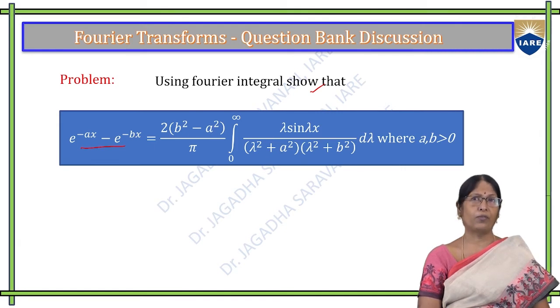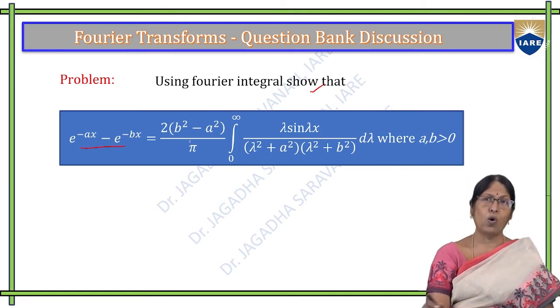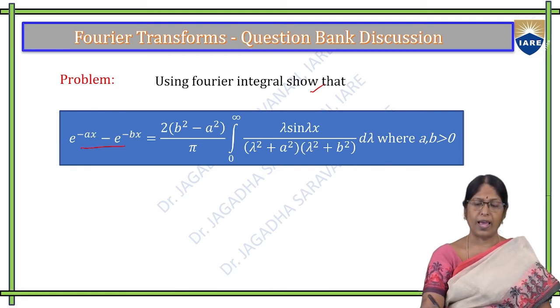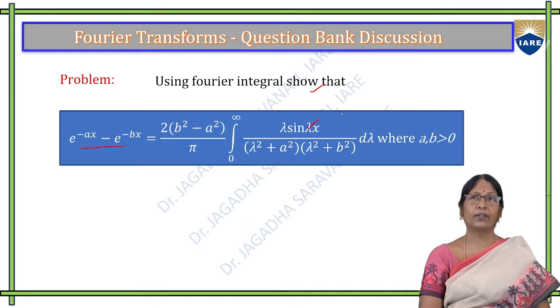The right side we have to prove, that is 2 of b square minus a square divided by pi, integral 0 to infinity lambda sine lambda x divided by lambda square plus a square into lambda square plus b square d lambda, where a and b are positive, that is, greater than 0. This is the problem which is in our question bank.